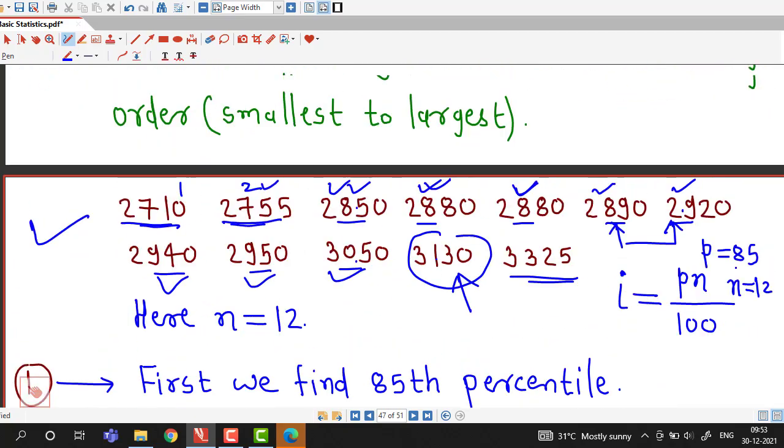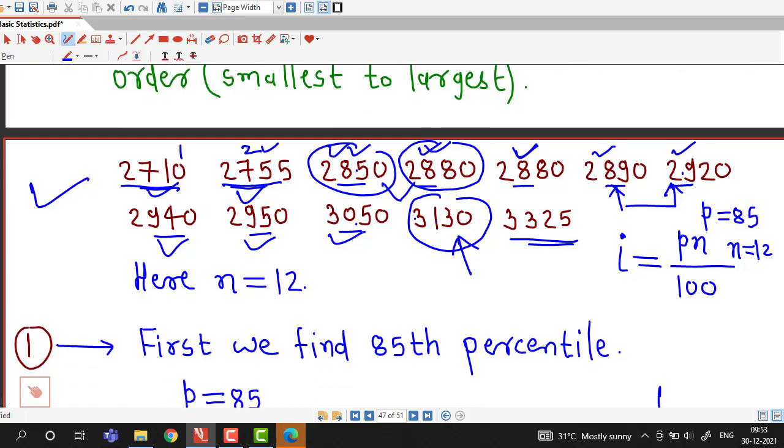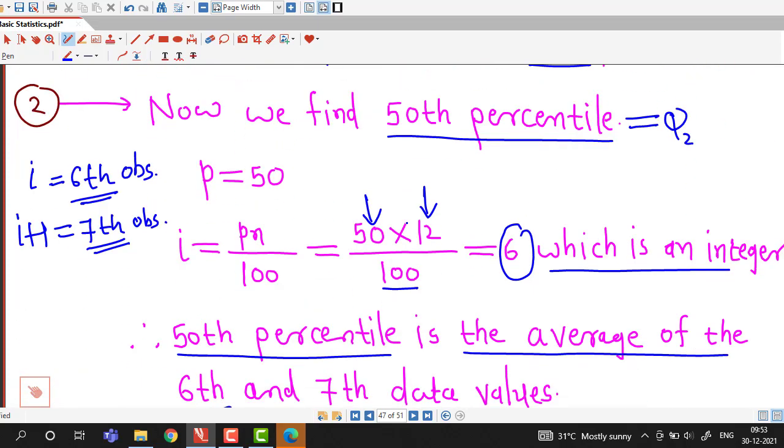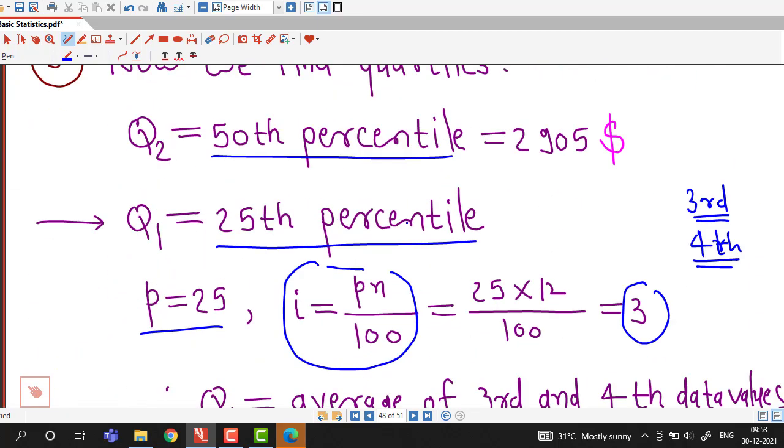So again we come to our data. This is the first observation, second, this is the third observation, this is the fourth observation, 2850 and 2880. So the average of these two will be the first quartile or 25th percentile.